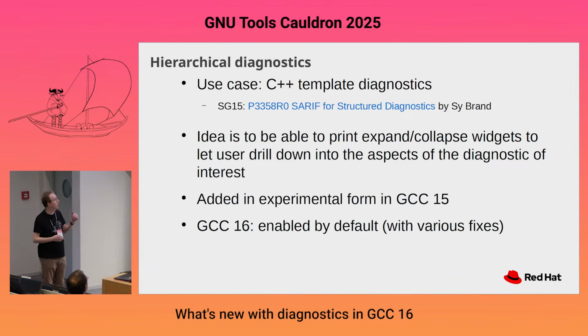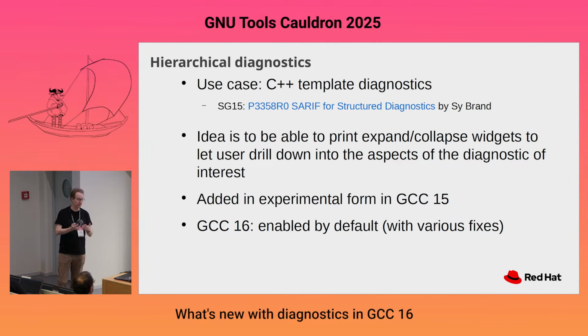Cy Brand, a UX expert at Microsoft, working on, I think, the Microsoft toolchain, came up with this proposal for structured diagnostics, in which rather than having a flat list of text, there is instead a tree-like structure of nodes. Because there is a tree-like structure in terms of the reasoning that the compiler is making about whether the code is valid or not.